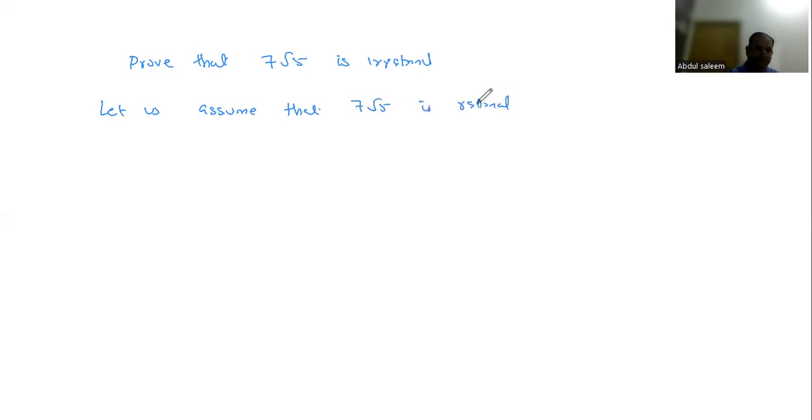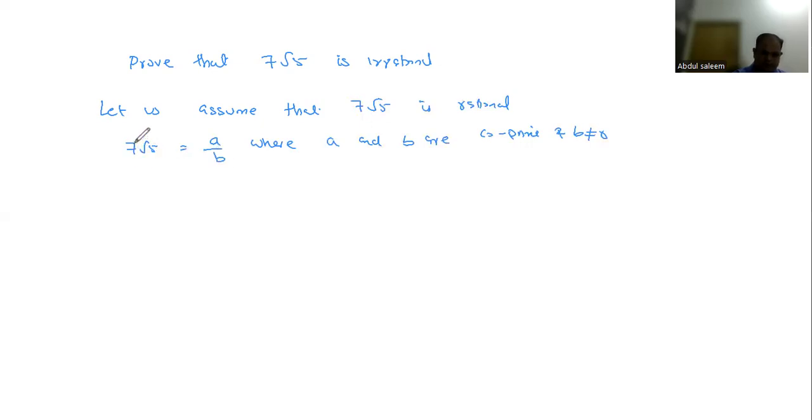Okay, if it is rational, 7 root 5 we can represent as a by b, where a and b are co-prime and b not equal to 0. Okay, so 7 root 5 equal to a by b.